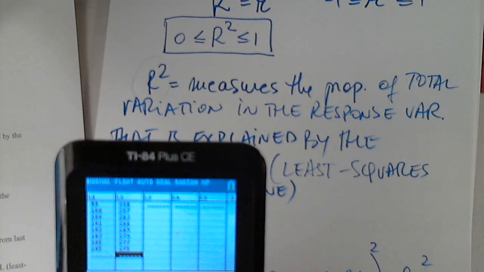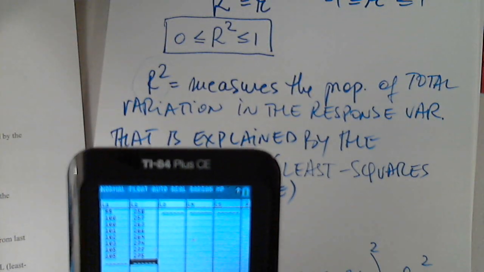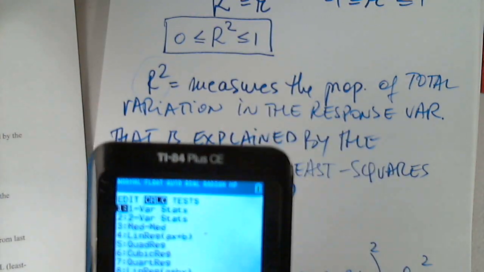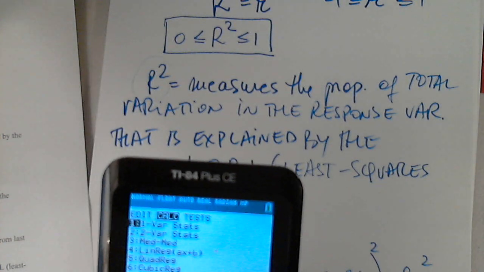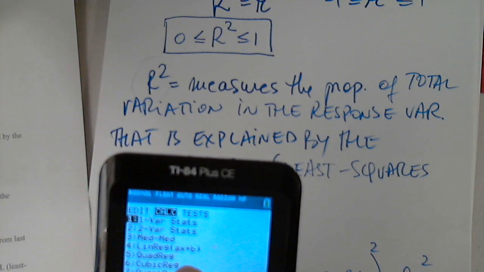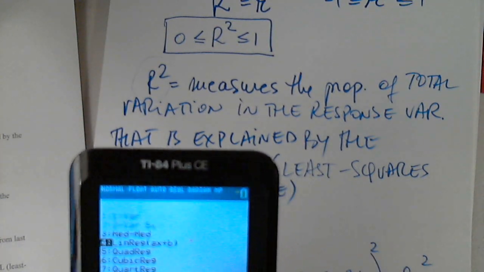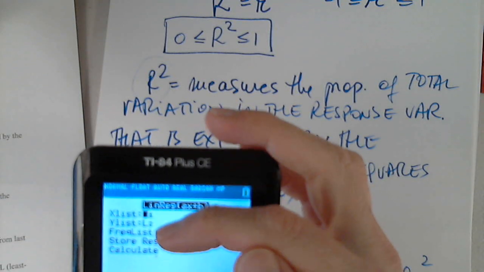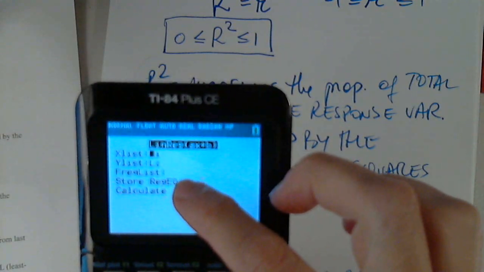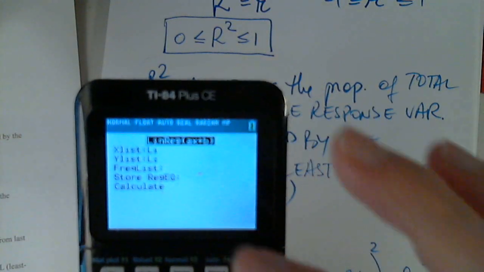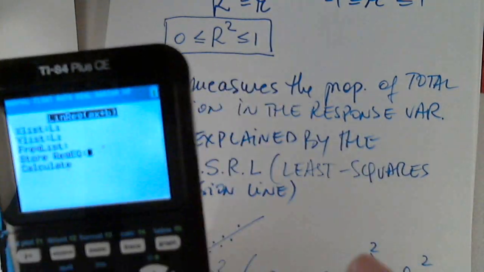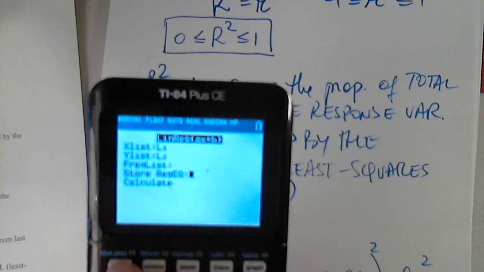I think I did. Yes. So let's go back to stats. You can quit out of there with second and quit. Go to stats, and now we want to calculate. We will get the linear regression, the least squares. Go down to number 4, linear regression. Press enter. Make sure you have list L1 and list L2. Go to store. I would like not to have to type in the least squares regression line in y equals myself.